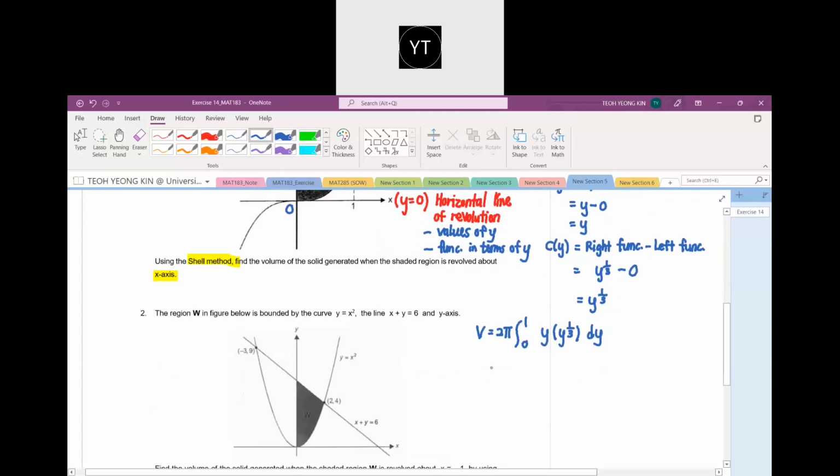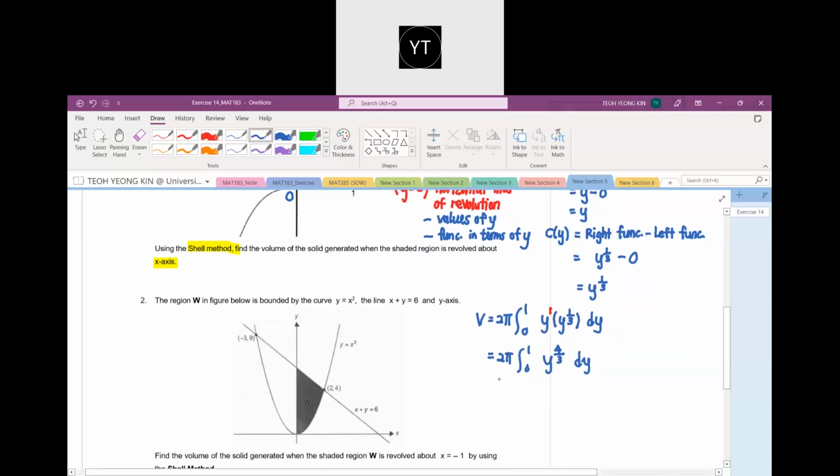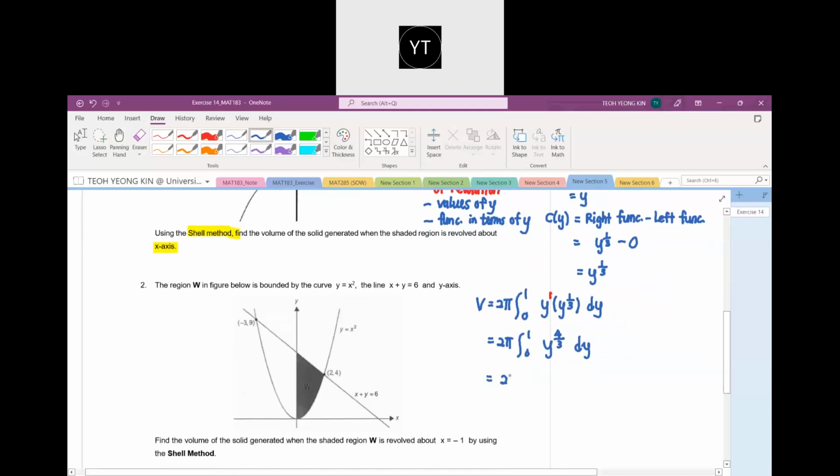When we multiply the variables, we sum the indices, so y becomes y power of 4 over 3, dy. Now we start to integrate 2 pi. Integrating y power of 4 over 3, the index will increase by 1.